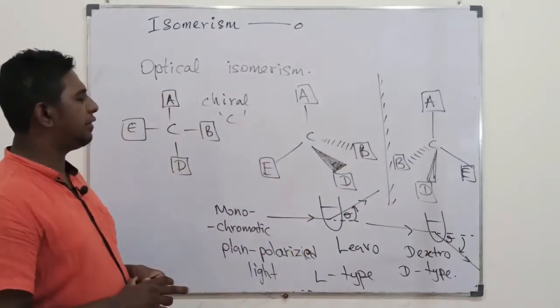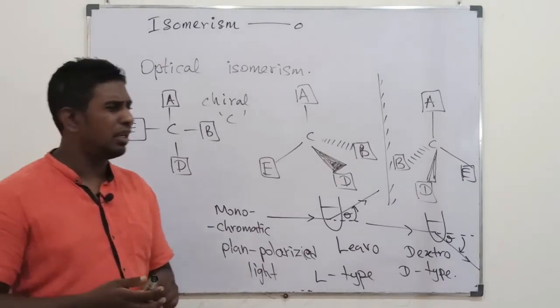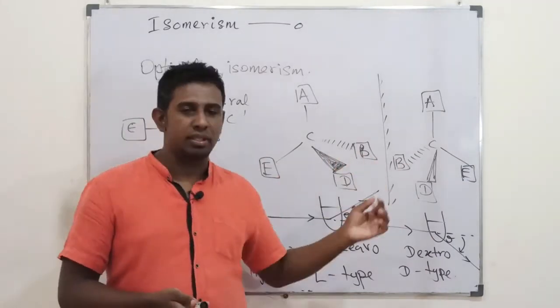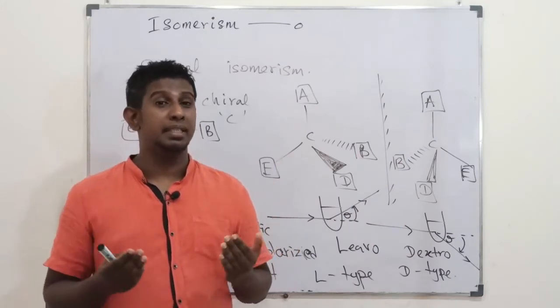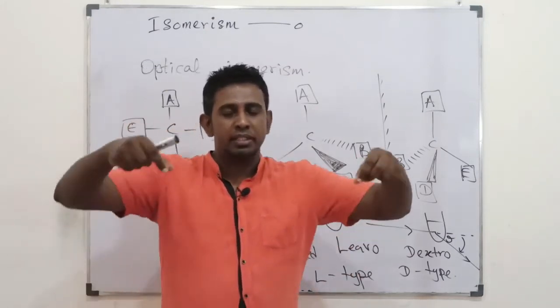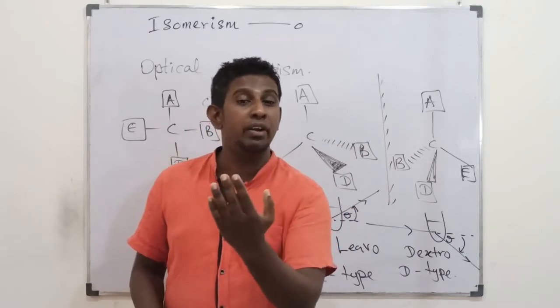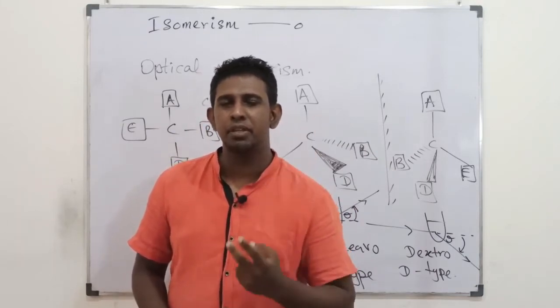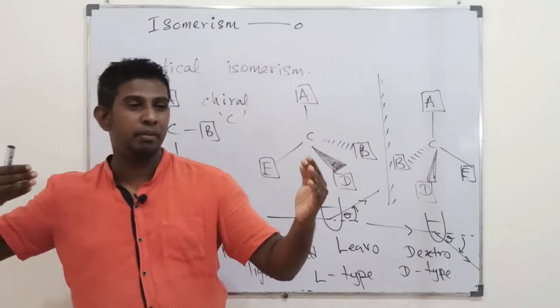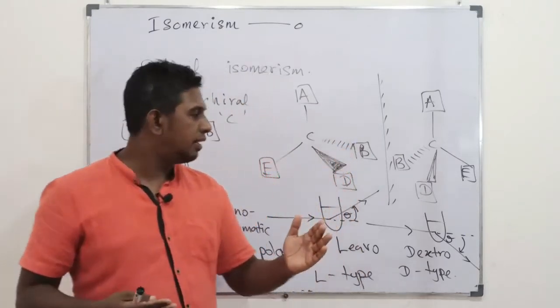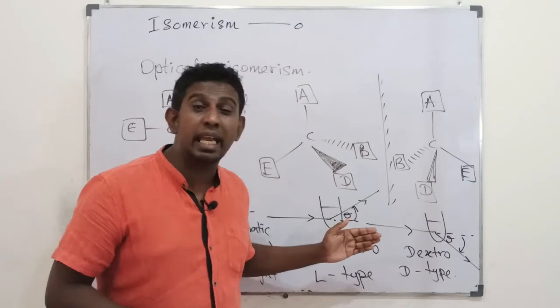Then students, what would happen when you get a mixture of both in 50-50 composition? If you mix those two types in a 1:1 ratio, then when you try passing monochromatic plane polarized light, it would not be rotated in any direction.